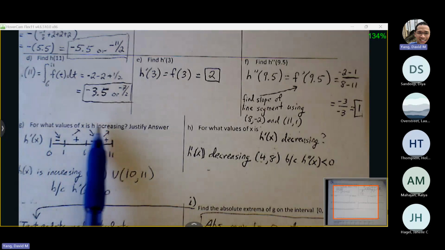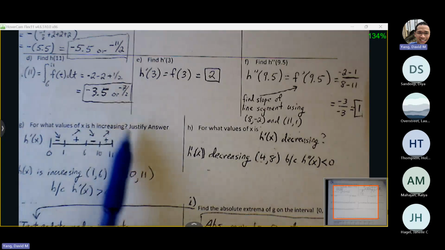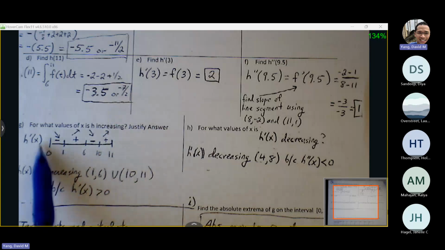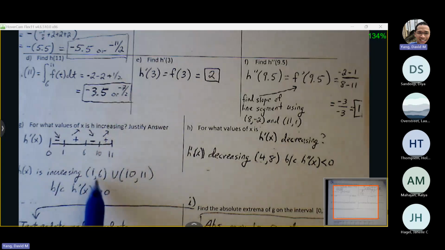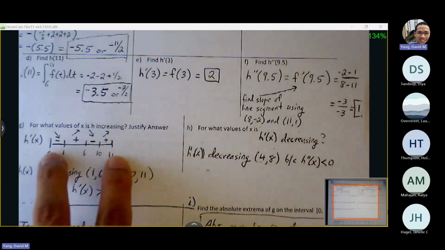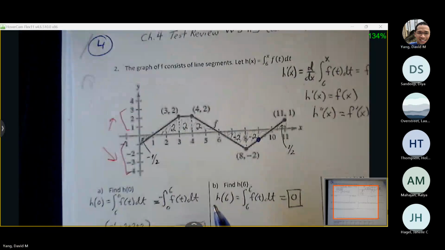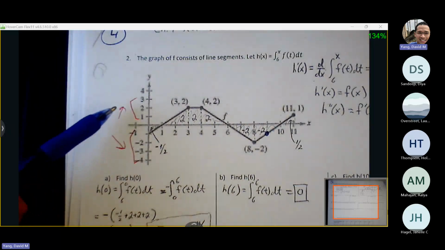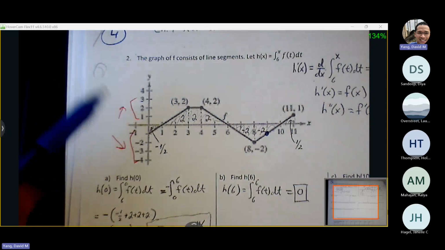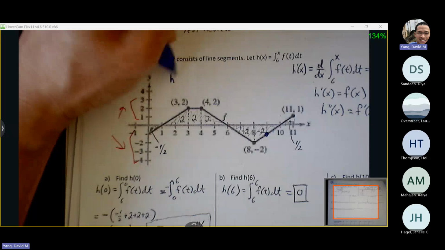Part G, for what values is h increasing? We want to create our slope sign line. This will do two purposes for us. It'll help us answer this question, but it'll also give us candidates for our next part for extreme value theorem. So label your graph accordingly here. Above the x-axis is a positive slope. Remember, this is not h graph, this is h prime.